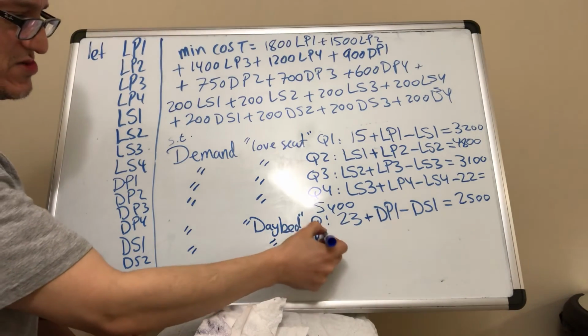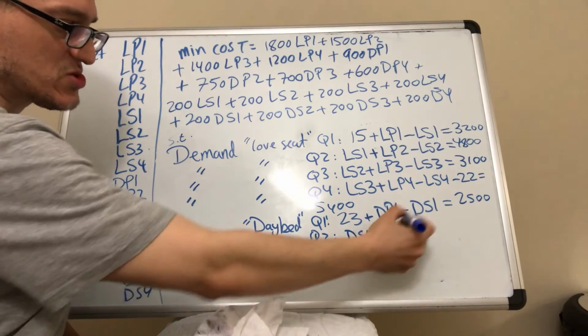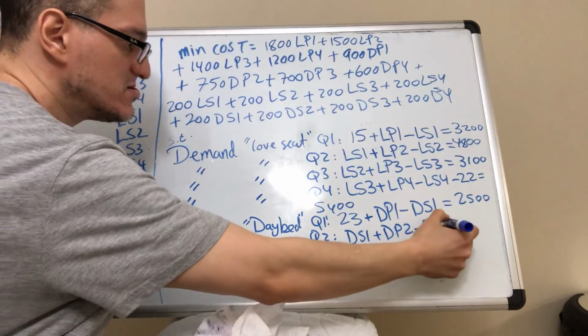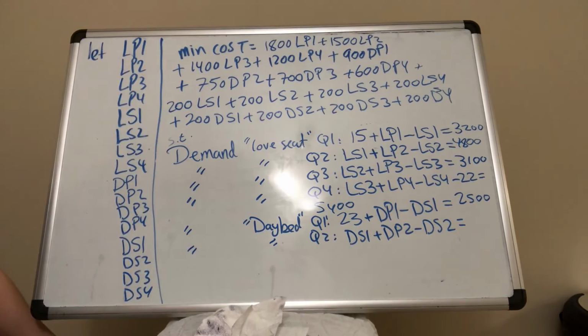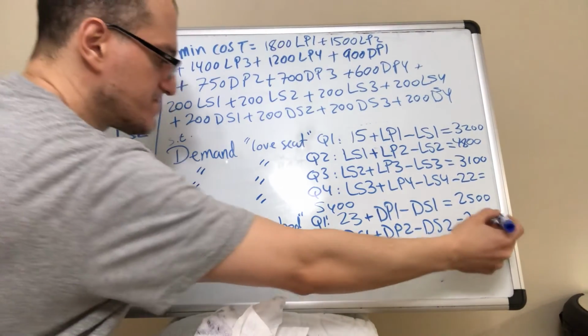Demand Q2. You probably have some stored, you add production, minus you could store some, and that must satisfy demand of 2,600.